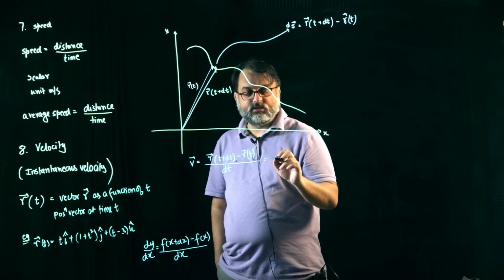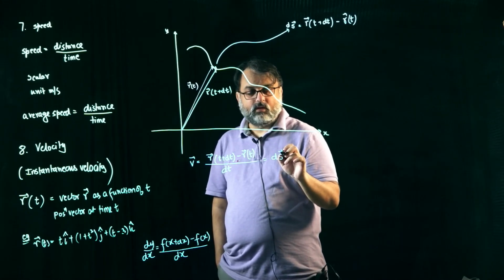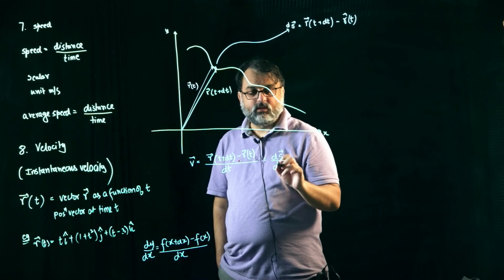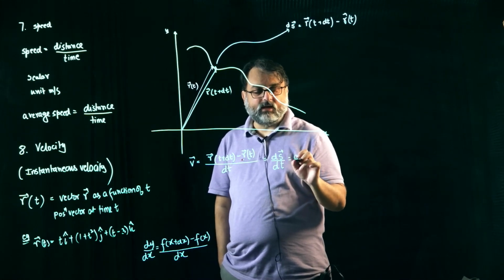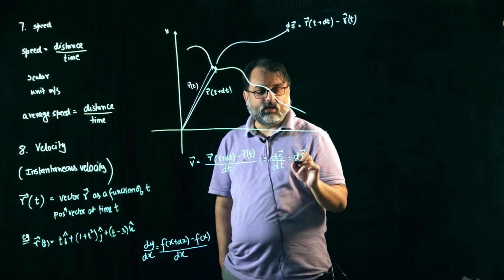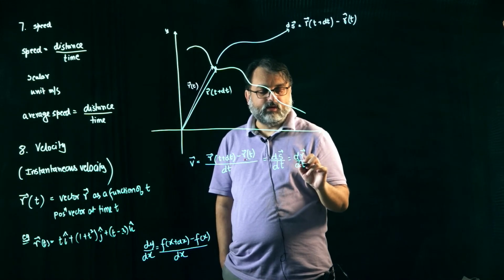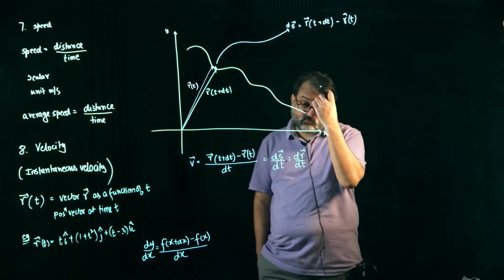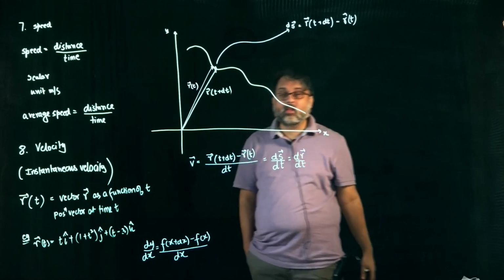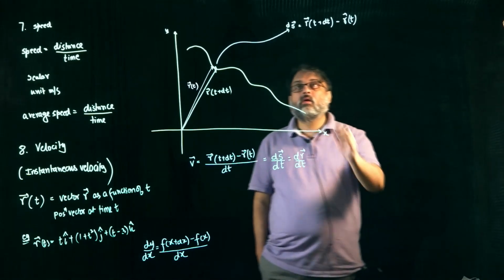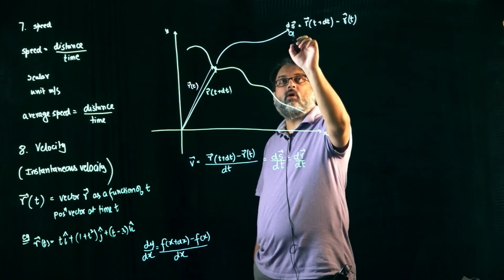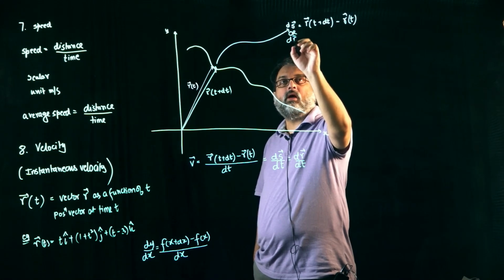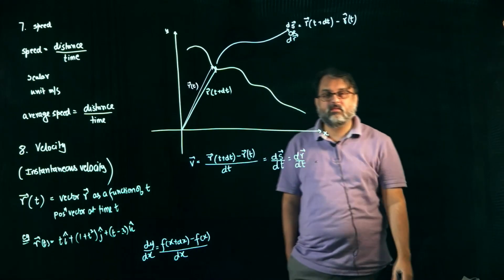So this is equal to ds by dt, or we like to simply write it as dr by dt. So this is ds, or you can write it as dr, difference in position vector.